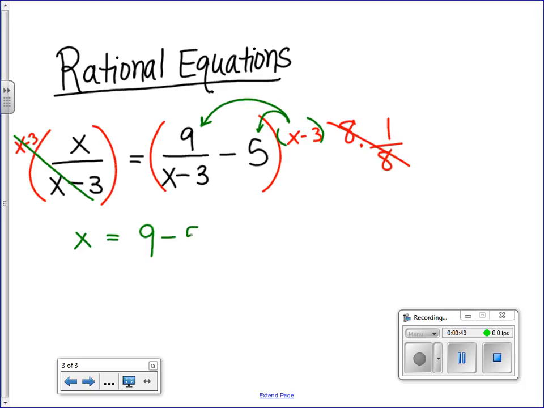Plus 15. Exactly. 4 equals 24 minus 5x. And then what do I do?